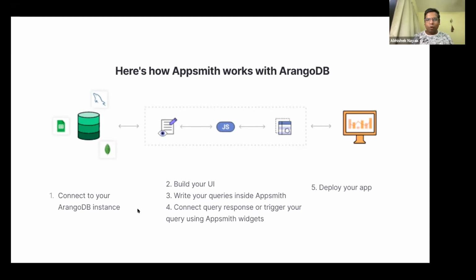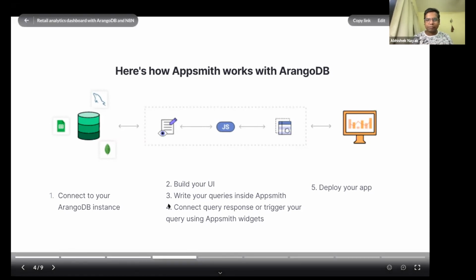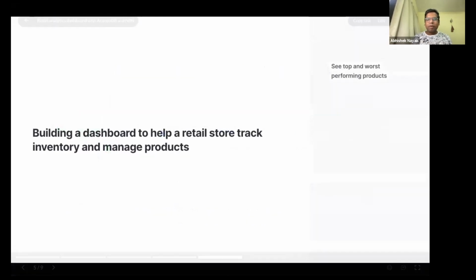Let's talk about what we are building today. We're going to be building a dashboard that will help a retail store track their inventory and manage products. Firstly, this will help us see the top and the worst performing products in that retail store, so you're going to see a bunch of charts here.